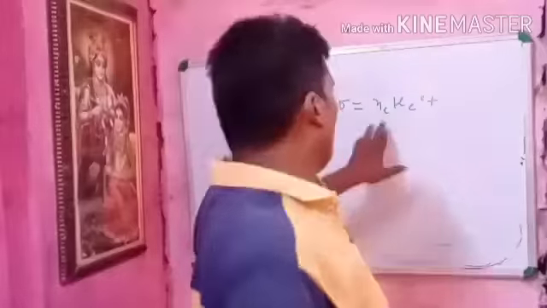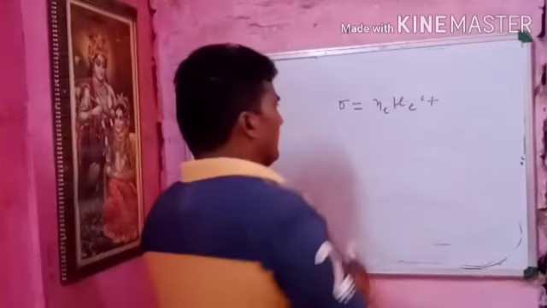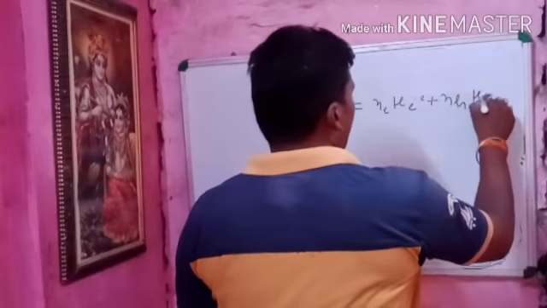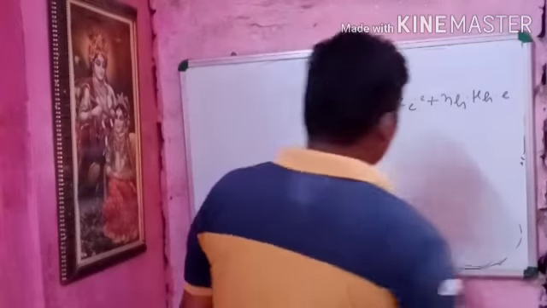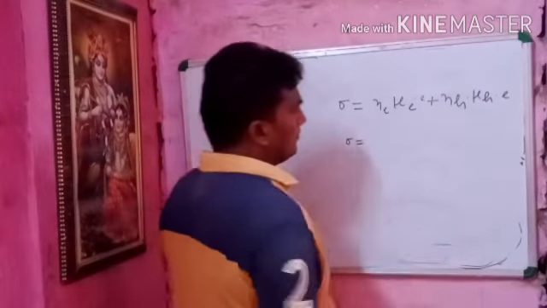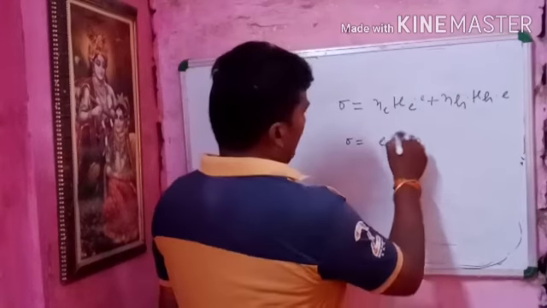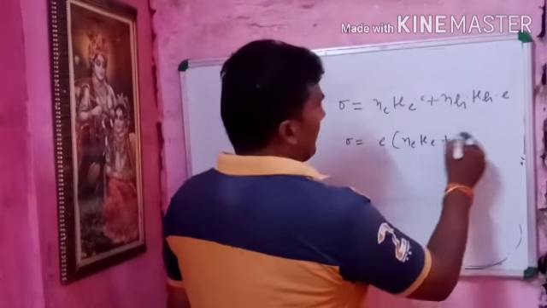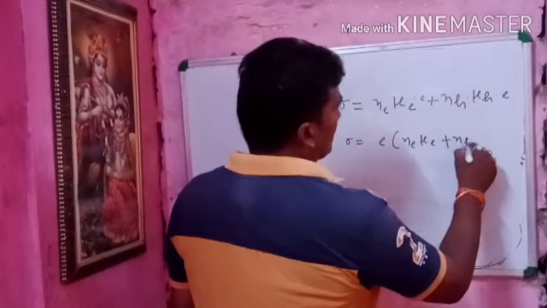Sigma is equal to Ne mu e into e plus Nh mu h into e. In the given component, we take the value e common. Sigma is equal to e times Ne mu e plus Nh mu h.